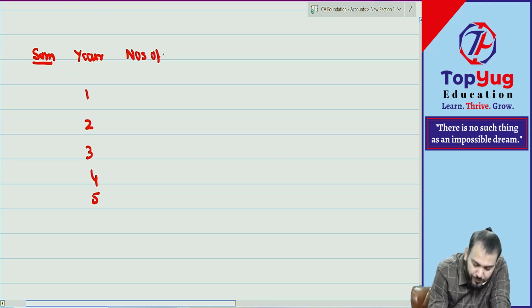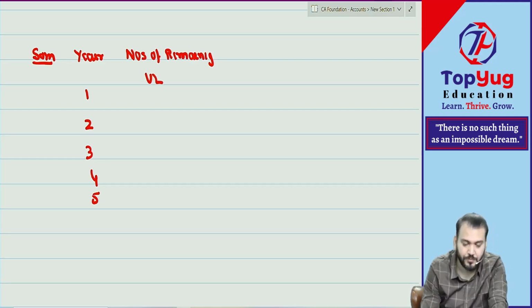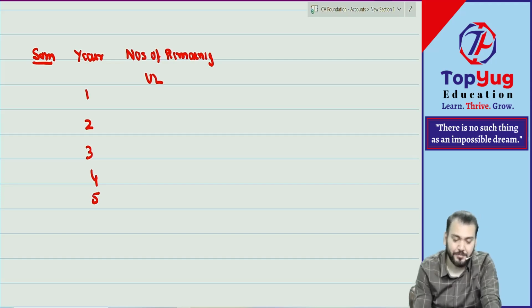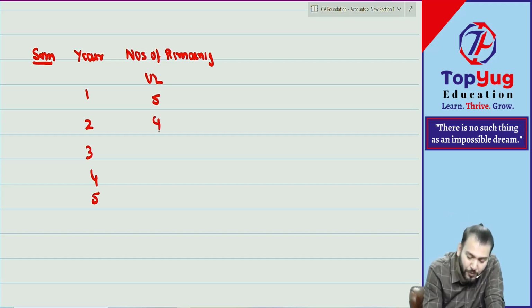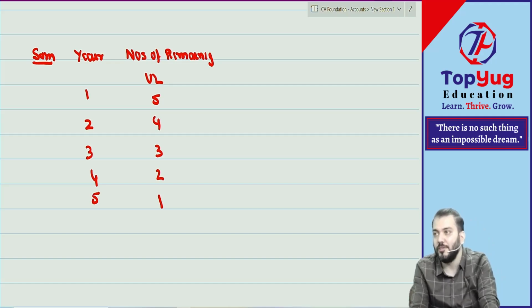Number of remaining useful life including current year. For the first year, what is the remaining useful life including current year? 5 years. So it is 5, 4, 3, 2, 1.